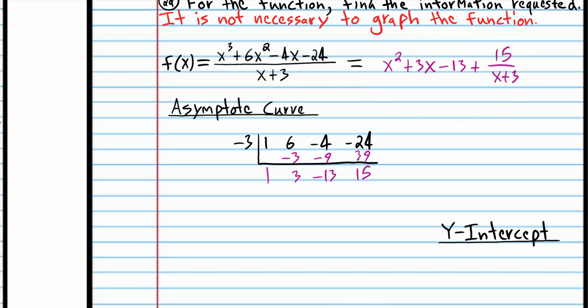Because as x approaches infinity, this fraction approaches 0, and the graph approaches that expression there. So that is our asymptote curve. And we probably want to set it equal to y, so we know how we would graph that if we wanted to.